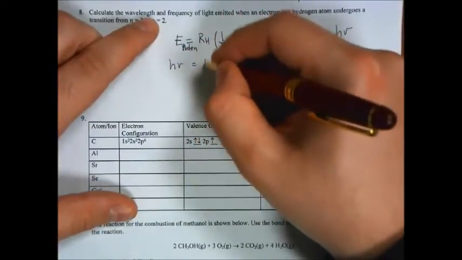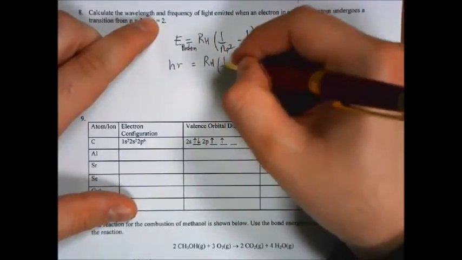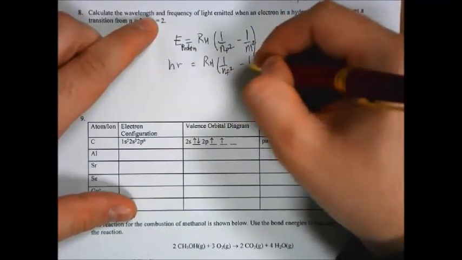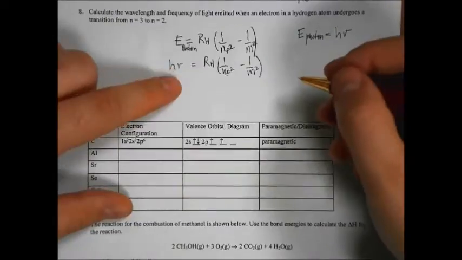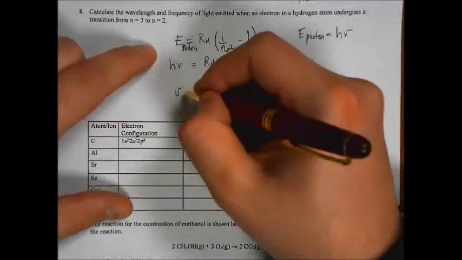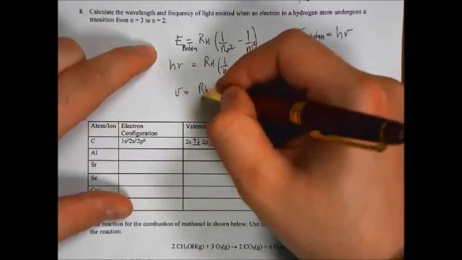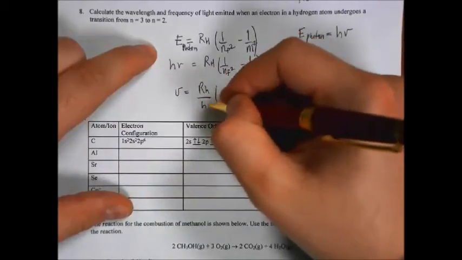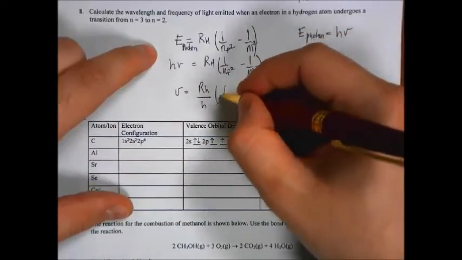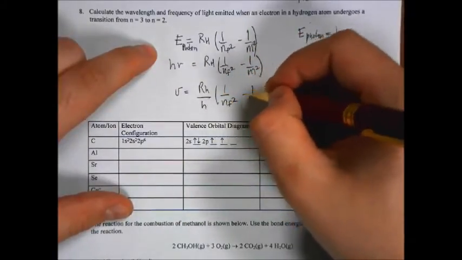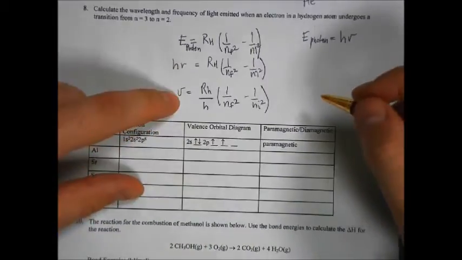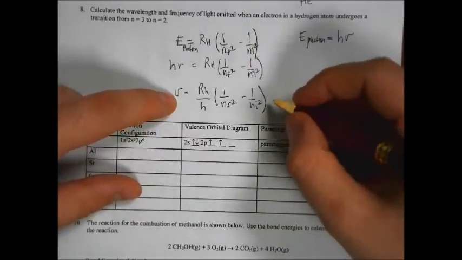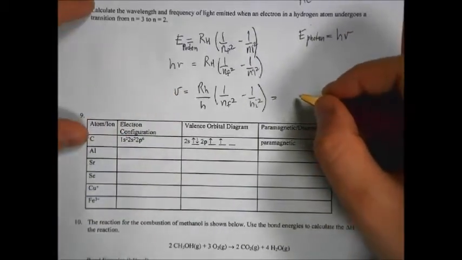h times the frequency is going to equal the Rydberg constant times 1 over n final squared minus 1 over n initial squared. And just to make our life easier, I'm going to move that h down below, and I take this as 1 over n final squared minus 1 over n initial squared. Okay. So this is going to give me the answer in terms of the frequency, so I can plug everything in.